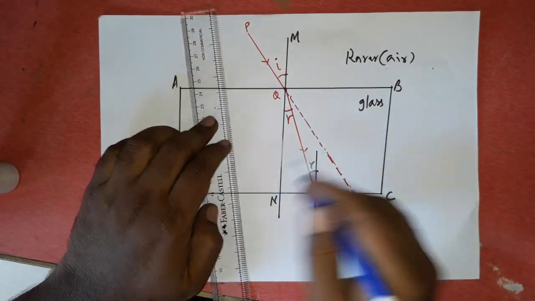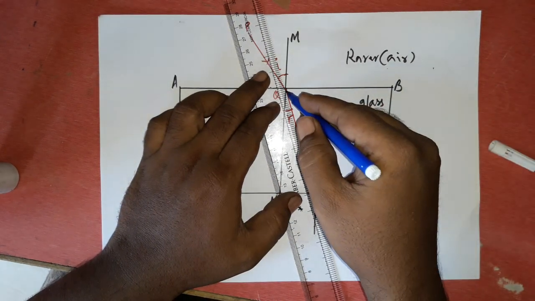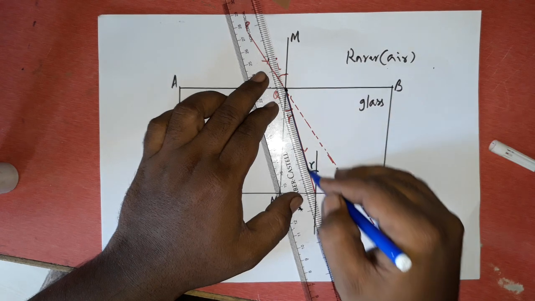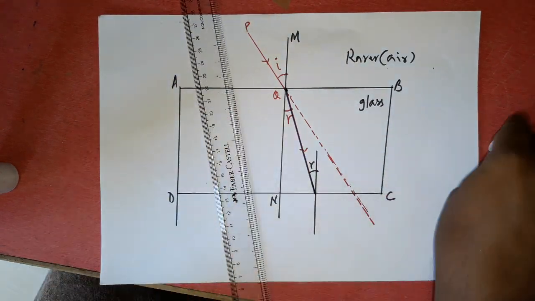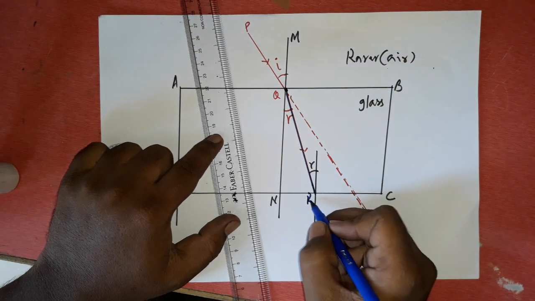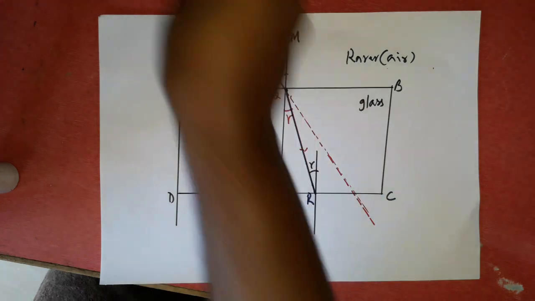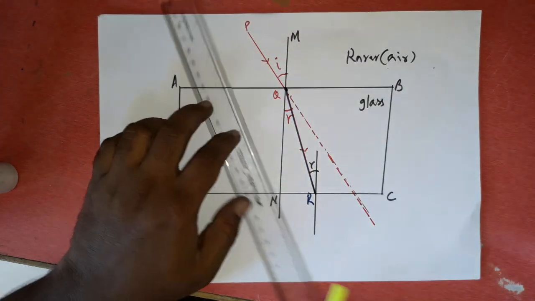Then this ray of light goes out. This is the refracted ray. PQ is the incident ray, QR is the refracted ray. When it goes out, it will be going like this.